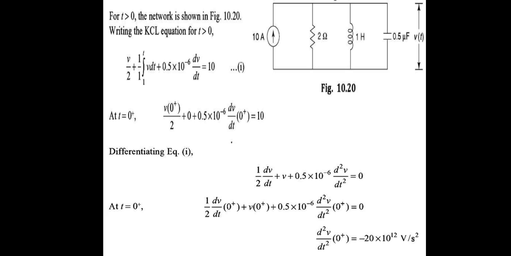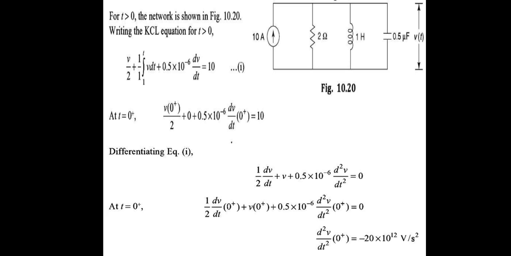And again at t equal to 0 plus condition, instead of dV/dt we take dV/dt of 0 plus, similarly V of 0 plus plus 0.5 into 10 power minus 6 d square V by dt square of 0 plus.